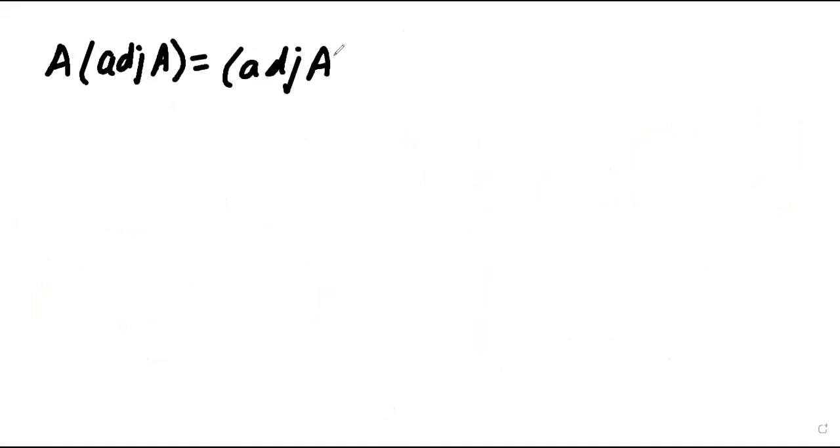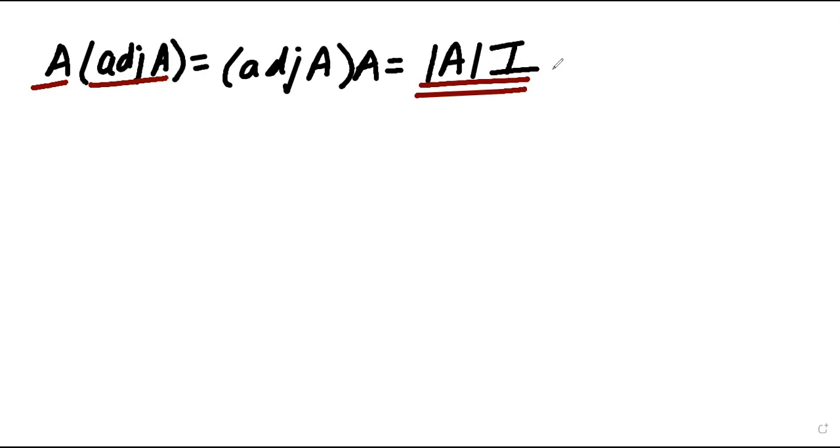Now the next is to verify A into adjoint of A is equal to adjoint of A into A equals determinant of A into I. Yesterday this point was left, so I'm telling it now: if you multiply A into adjoint of A, that should come equal to determinant of A into identity.